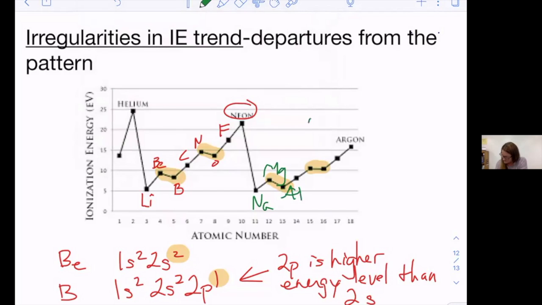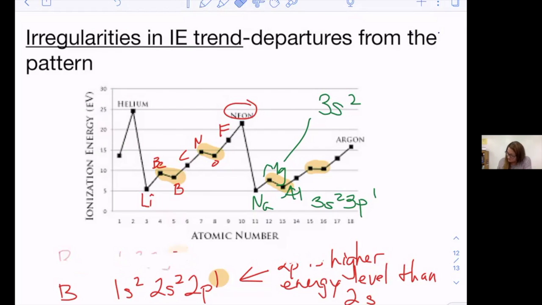The difference there is magnesium ends in 3s2 and aluminum ends in 3s2, 3p1. Same idea, we're removing the electron from the 3p instead of the 3s. And when it's a higher energy level, it's easier to remove if the number of protons is the same. Here, the number of protons changed a little bit, but not enough to offset the difference in the change of energy level.